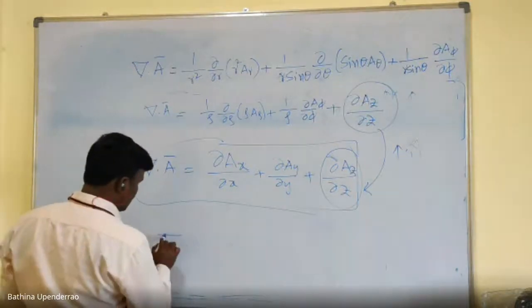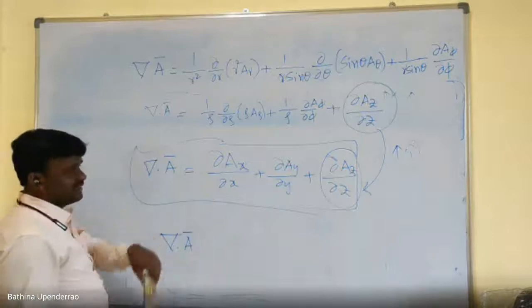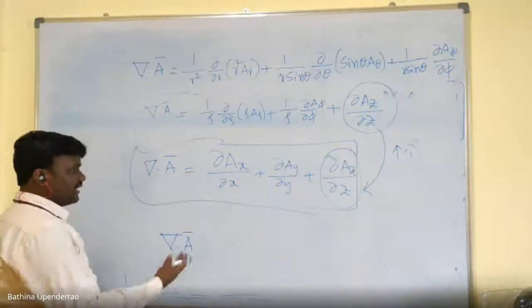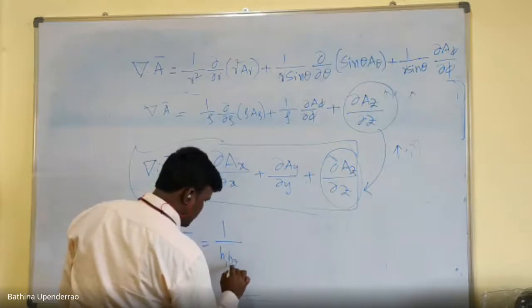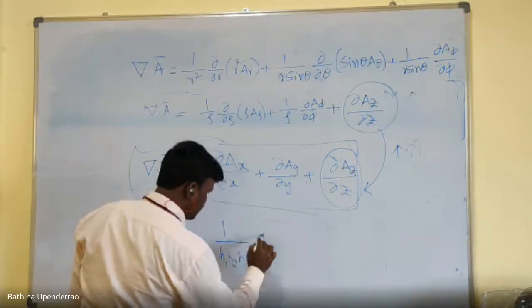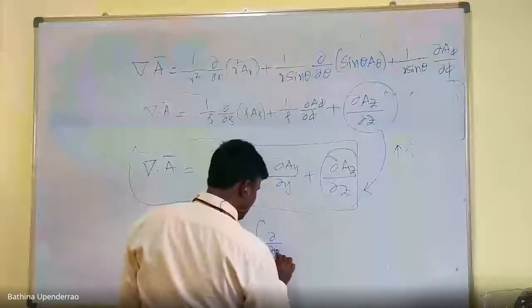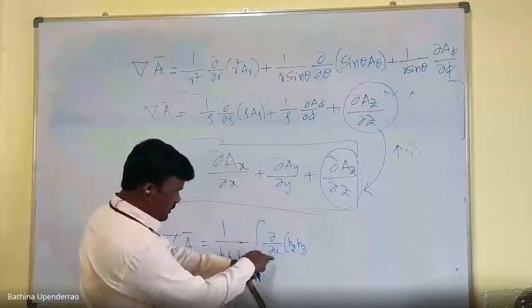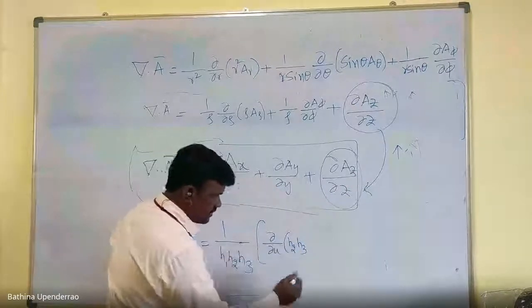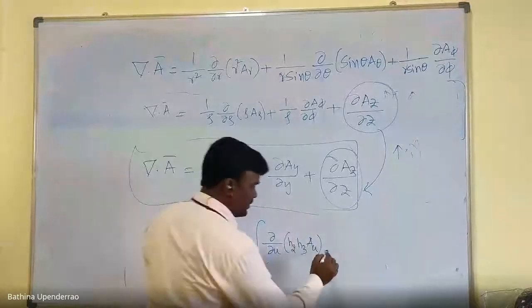These are the formulas derived with the help of the generalized formula. Remember this formula. If you know this formula, you can write the divergence formula in any coordinate system. That is 1 by H1 H2 H3, dou by dou U of H2 H3 A1, except H1, the remaining two, H2 H3, into the first element.